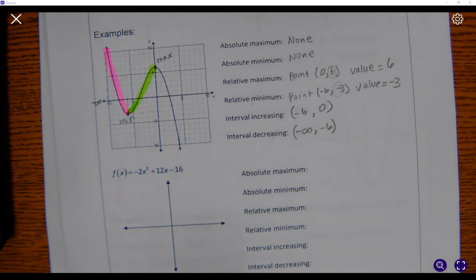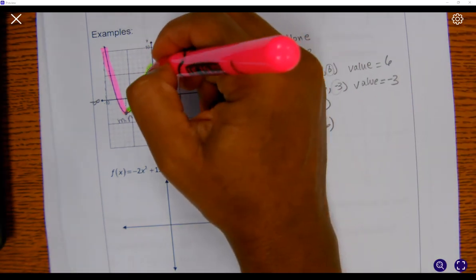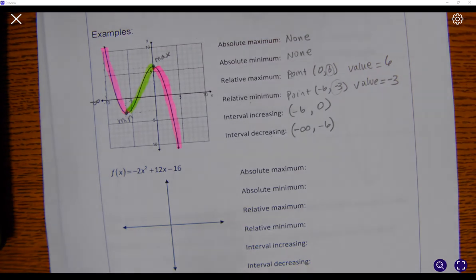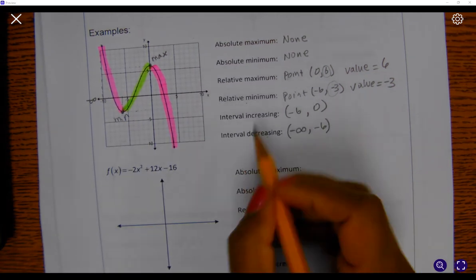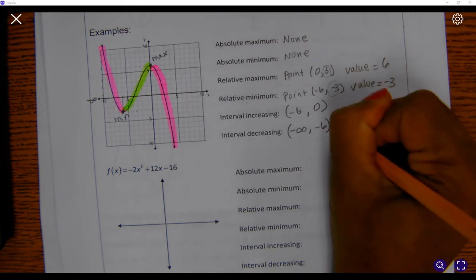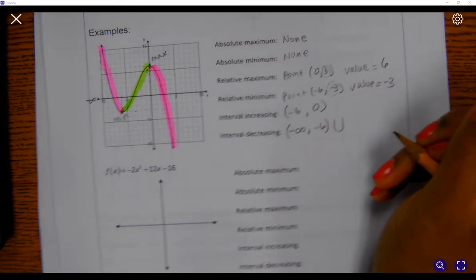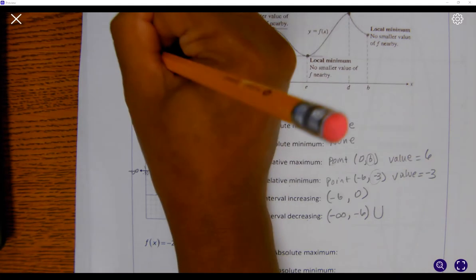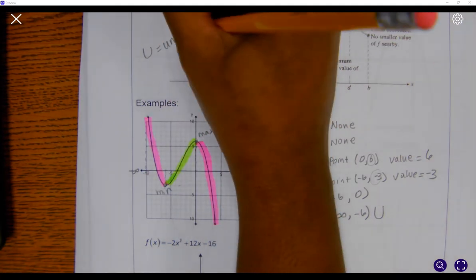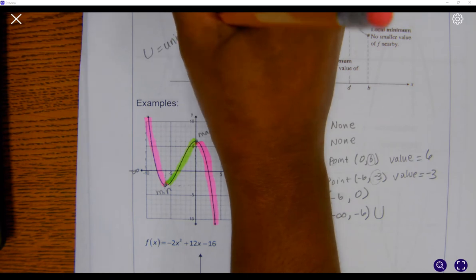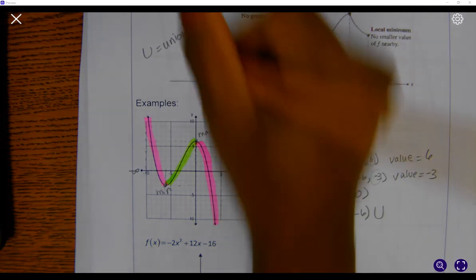And then it changes directions, and then it starts decreasing again. So it has 2 decreasing intervals right here. To say that, we're going to add it here, and we use this symbol, which means union. In math, it just means and.